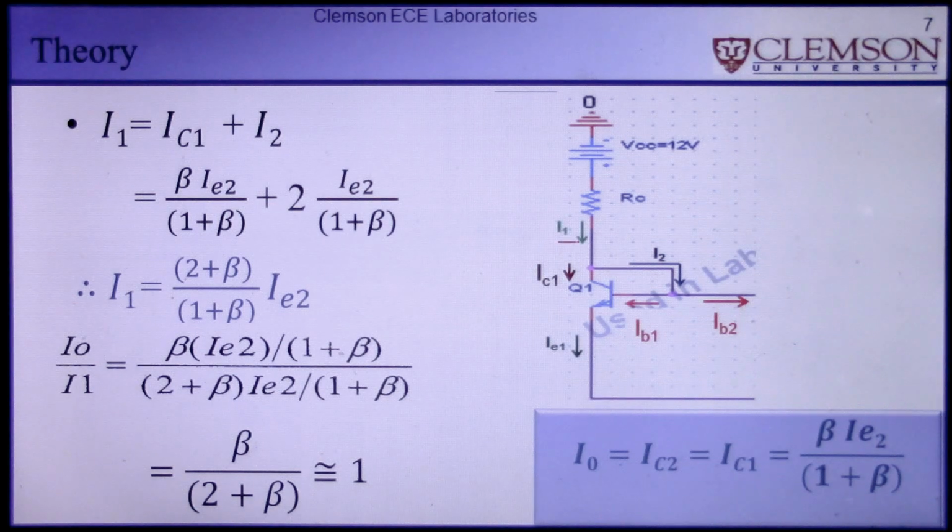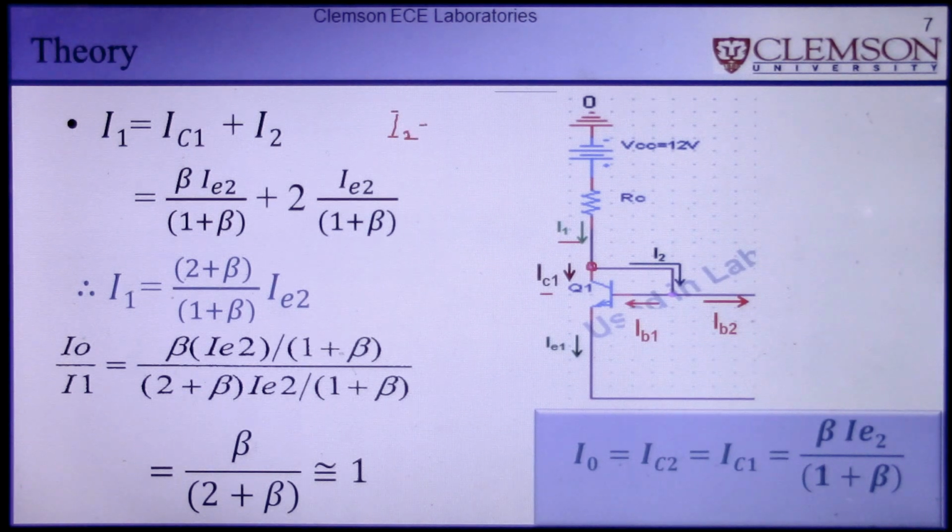I1 here is the sum of IC1 and I2. So where is that IC1 and I2? Here is the IC1 and I2. We're just using KCL at this point, and IC1 is this from the previous slide, and I2 is twice of beta, twice of IB1 or IB2, whatever you can say.